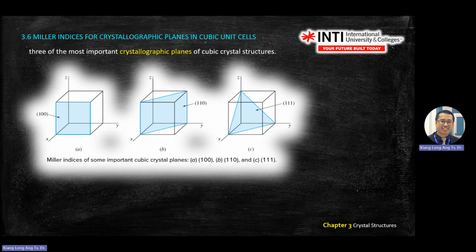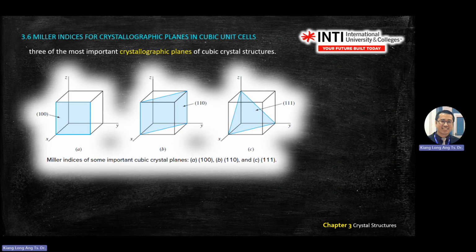For example, 100 means the plane is perpendicular to the x, means you move x in one direction. Okay, you imagine the plane as A4 paper. You start from 0. Start from here. Then, if you have number 1, you move the whole A4 paper 1 step. You move from the origin 1 step in x.